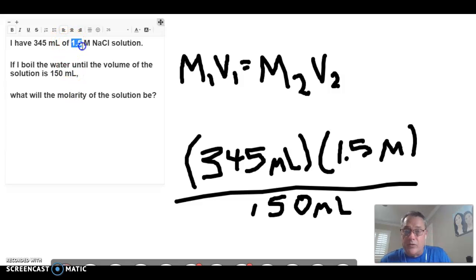Right now, our strength is 1.5. But if we lose a lot of water, and we keep our solute the same, do you think our solution is going to be more strong or more weak? Let's let the math do the work for us.